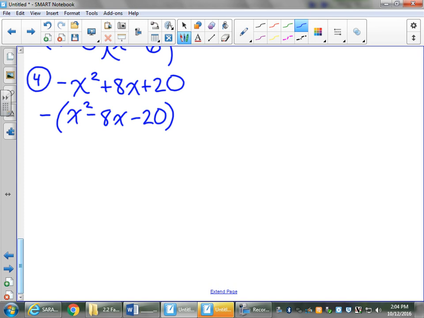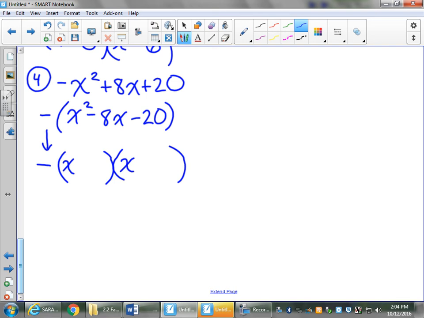Then we're going to work with our new trinomial, x squared minus 8x minus 20. We'll drop down our negative 1 a value, and set up our 2 binomial factors. First terms of each of them would be, answers please, x and x.